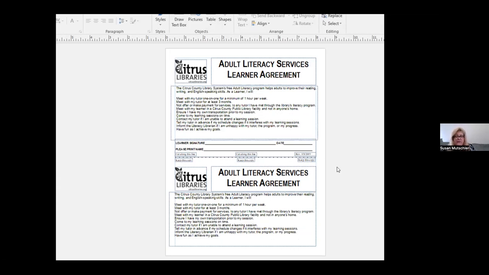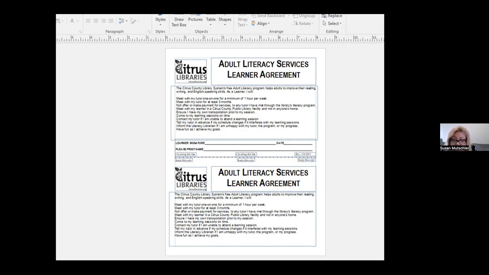And then we also have a learner agreement. It's a free adult literacy program. We would ask that the learner meet for at least 3 months, that the learner will meet with the tutor at least 1 hour per week for 3 months, that the learner would not offer to make any payment, that the learner would meet in a public library facility, and that the learner would have their own transportation.